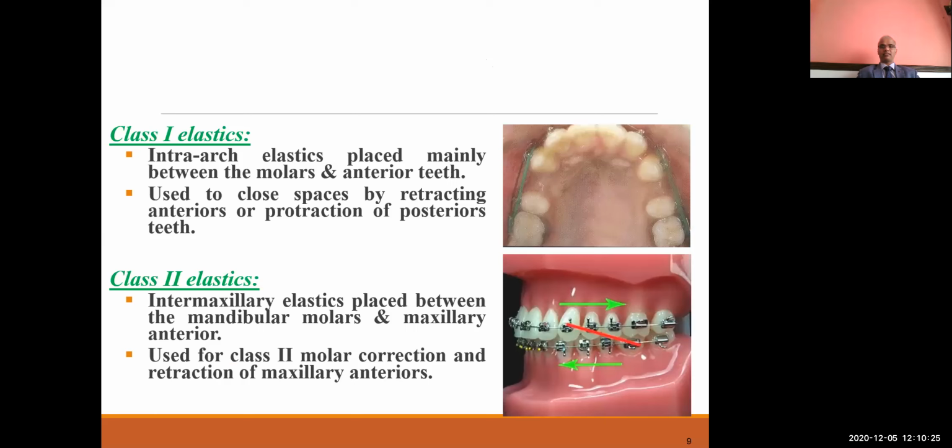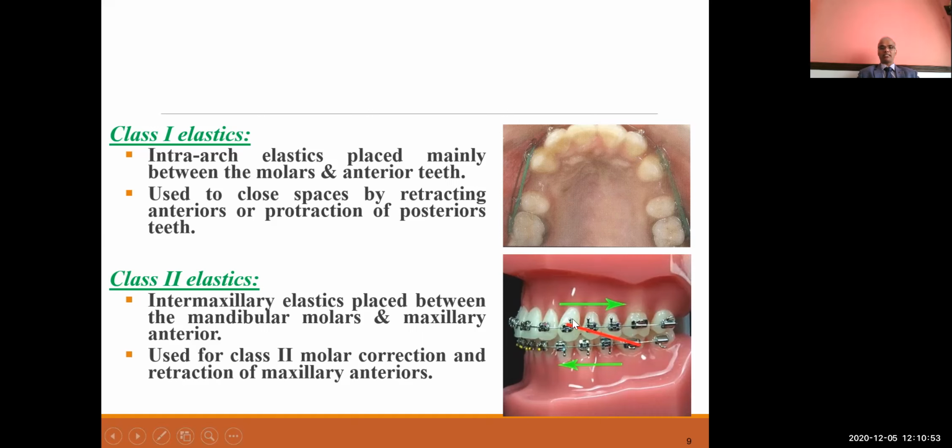Like class 1 elastics, these are used in a class 1 fashion. These are intra-arch elastics. They are placed mainly between the molars and anteriors. These are used to close space by retracting anteriors or protracting posteriors.